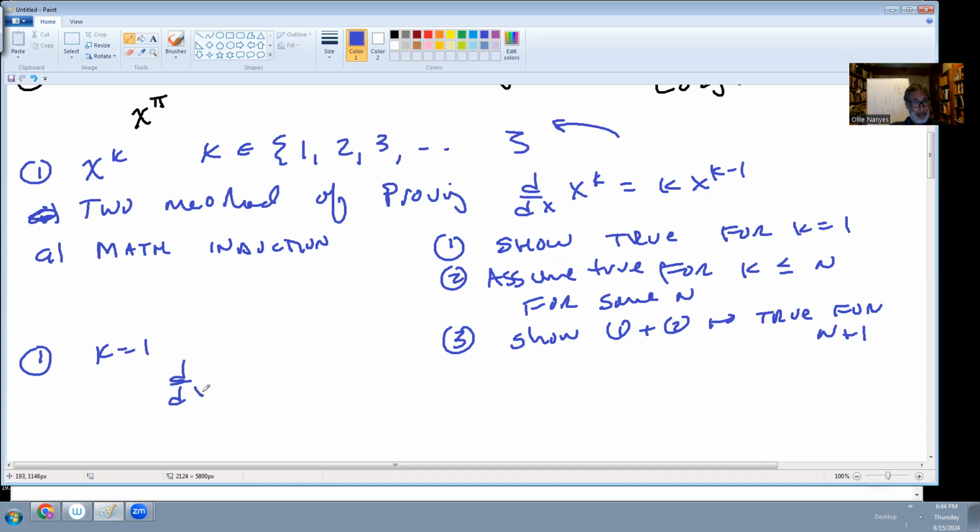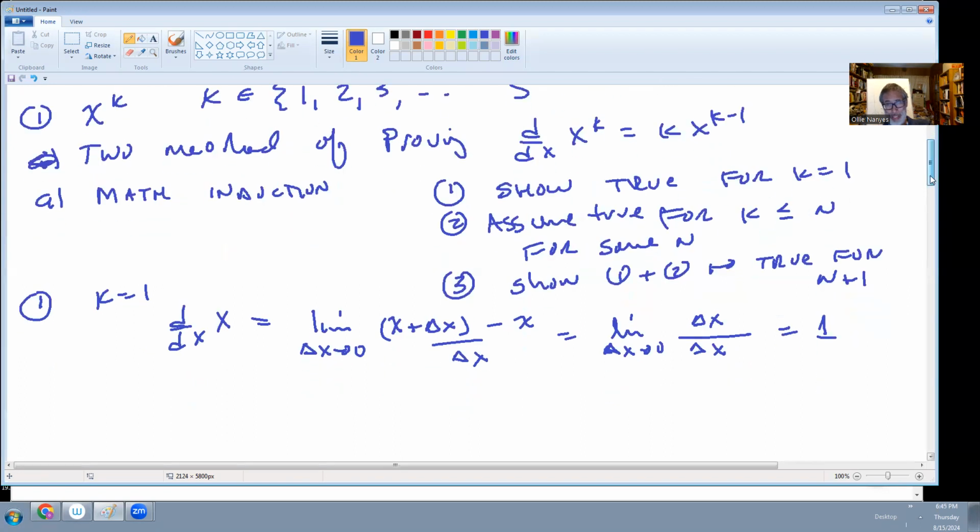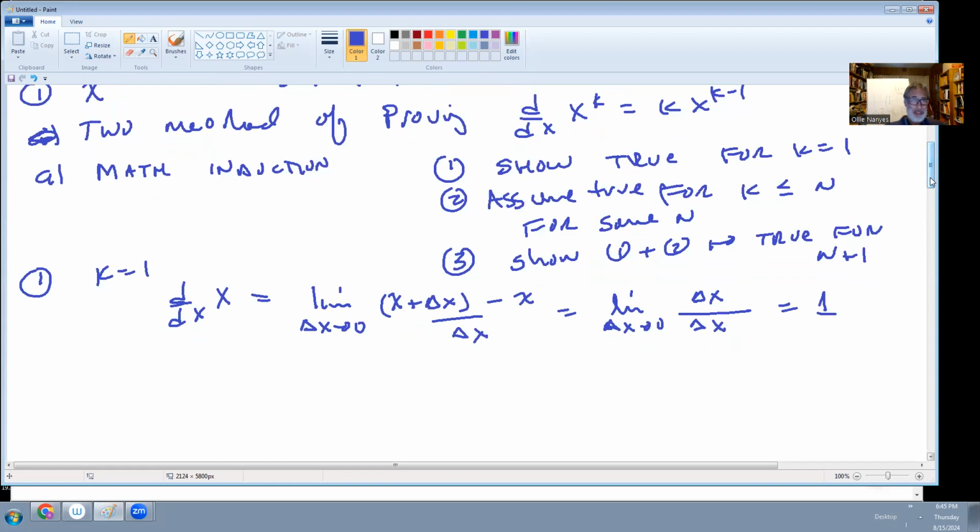If you want to figure out the derivative of x, I assume most of you have already seen this, but in case you haven't, you take the limit as the change in x goes to 0 of x plus change in x minus x over change in x. The x's cancel, and that's easily seen to be 1 because the delta x's cancel as well. So it's true for k equals 1.